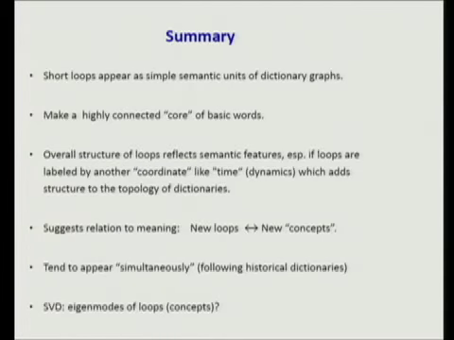We can look at large-scale features of this core. They give us some coordinate, and if we add to this loop coordinate a time coordinate, the history, the evolution of the language, we can suggest that the emergence of new loops corresponds to the emergence of new concepts, whatever concept means. And we can look at SVD, etc., etc.